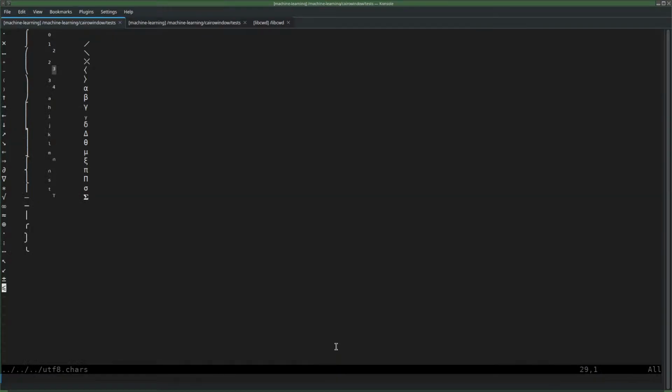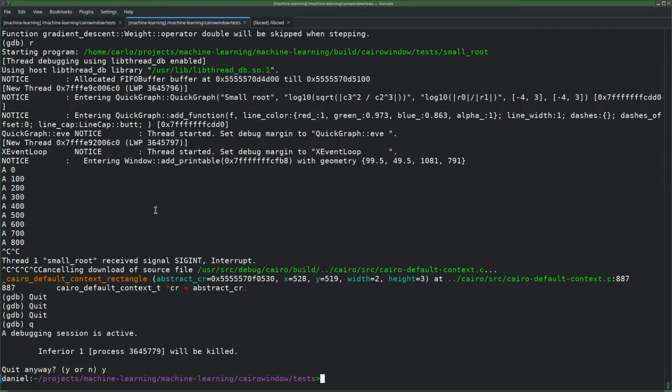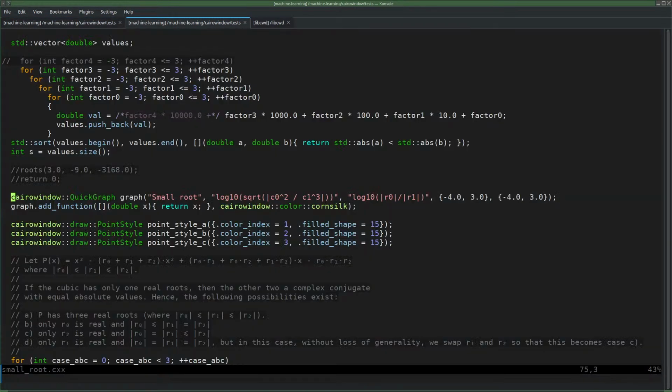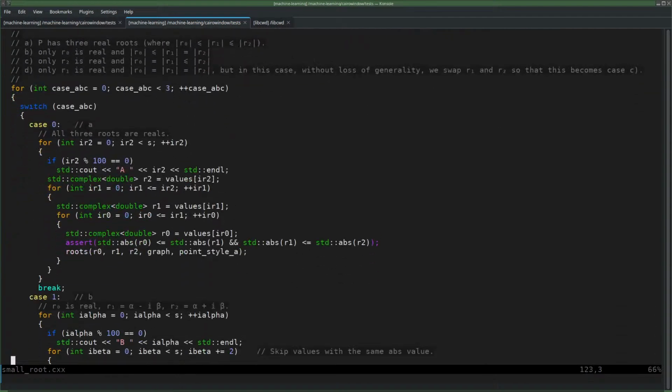Let's verify this. So right now I'm picking roots. We're talking about A here. We're picking roots from the table of values ordered by absolute value, but that quickly alternates in sign. So you have some root and a negative of that root.